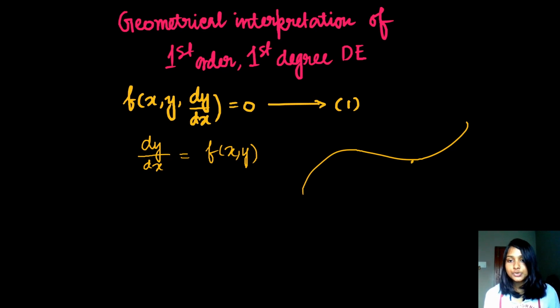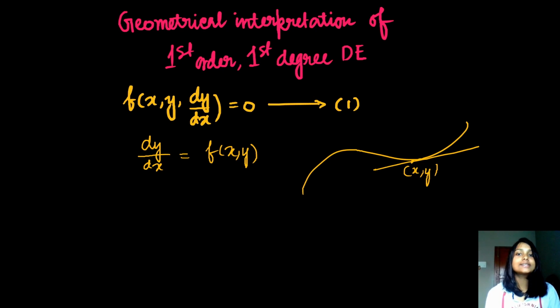At each point (x, y) of the solution curve, we can draw a tangent. So the slope of this tangent, which is the dy dx part, is related to the coordinates of that point by this function. So this is the relation between the slope of a tangent at some particular point and the coordinates of that particular point.